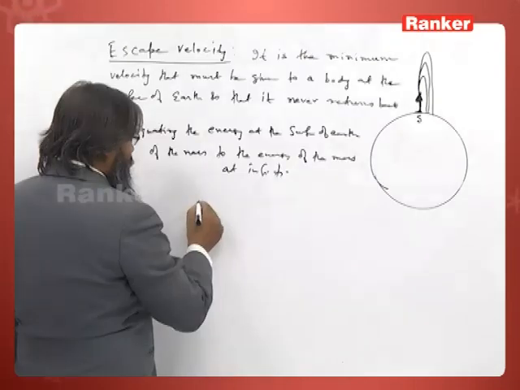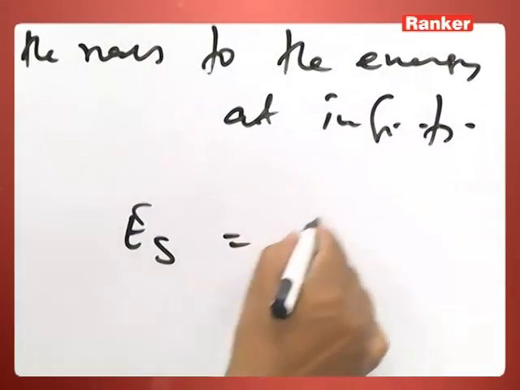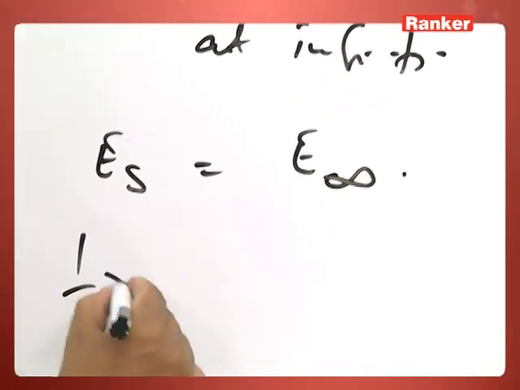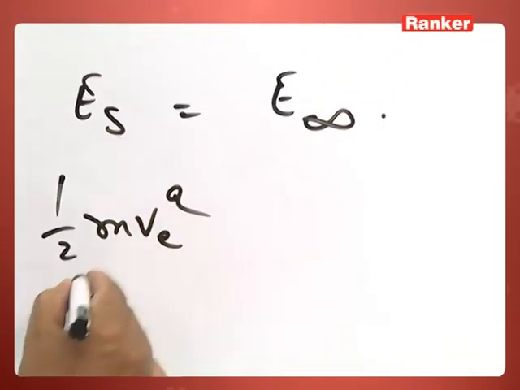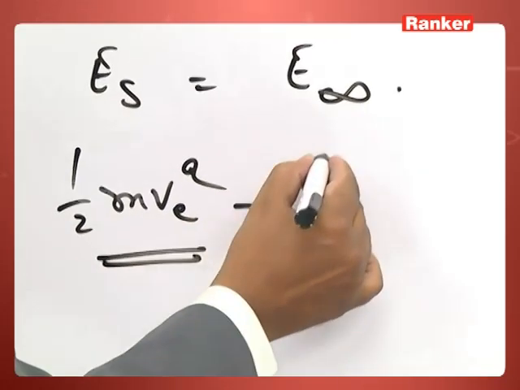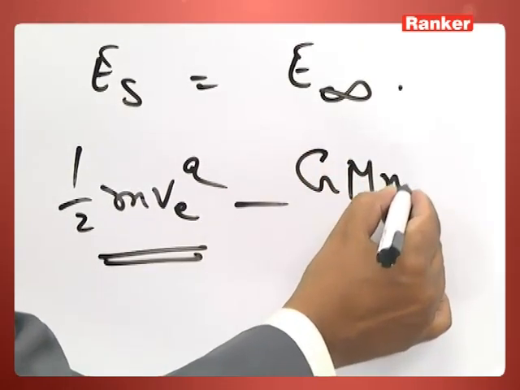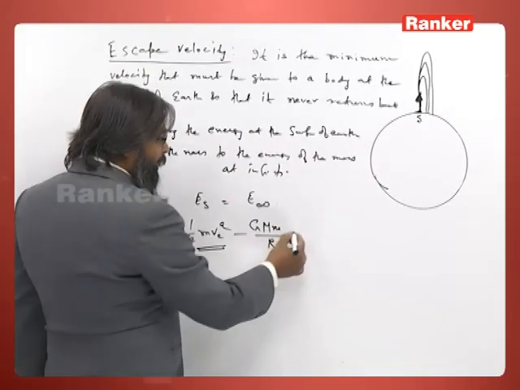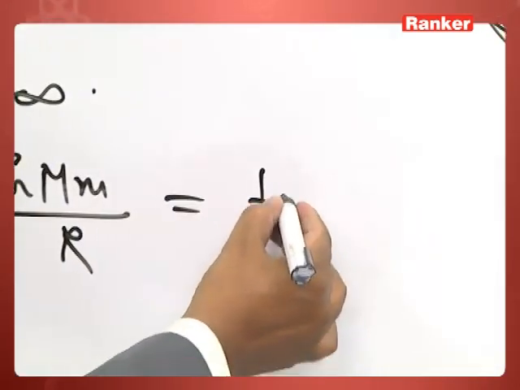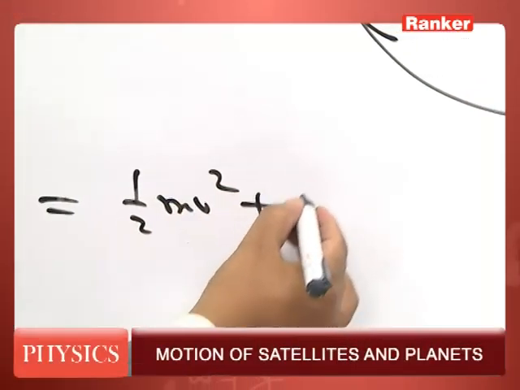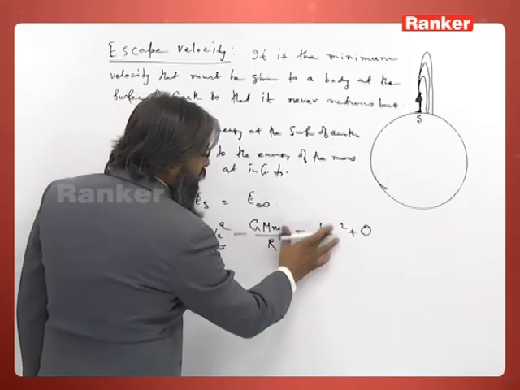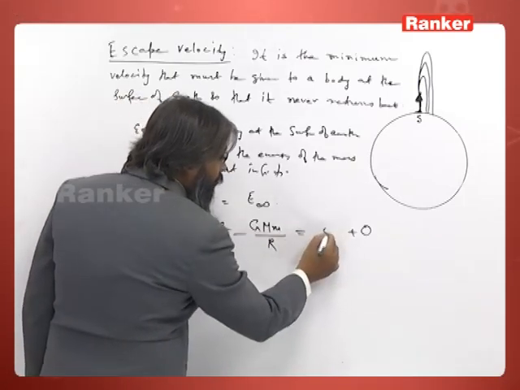Energy on the surface is the kinetic energy we are giving plus the potential energy due to the Earth, and at infinity this is the kinetic energy and the potential energy is 0. Since I have to give minimum energy, this energy should also be 0.